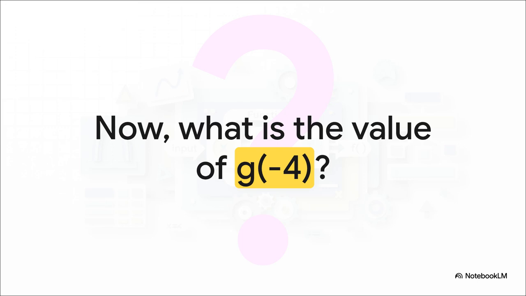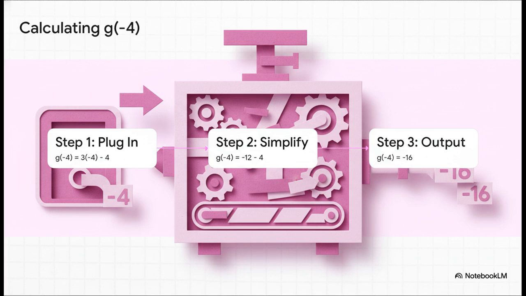What will our g machine do with an input of negative 4? Let's see. And once again, we just follow the recipe. Step 1, substitute negative 4 for x. That gives us 3 times negative 4 minus 4. Step 2, simplify. 3 times negative 4 is negative 12, so we have negative 12 minus 4, which gives us our final output, negative 16. Boom! G of negative 4 is negative 16.